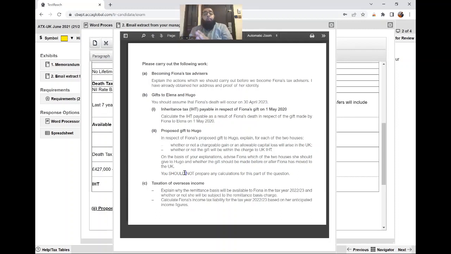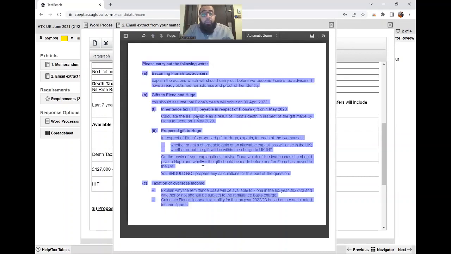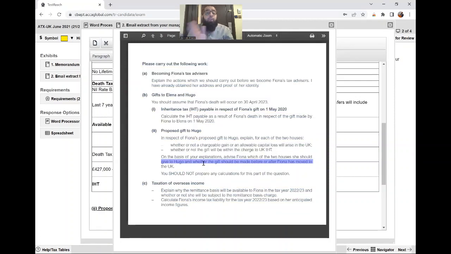So we have to talk on its CGT implication and on its IHT implication: whether or not a gain or loss will arise in the UK, whether or not it will be subject to UK IHT, and then advise which of the two houses should be given to Hugo and whether the gift should be made before or after Fiona moves to the UK.